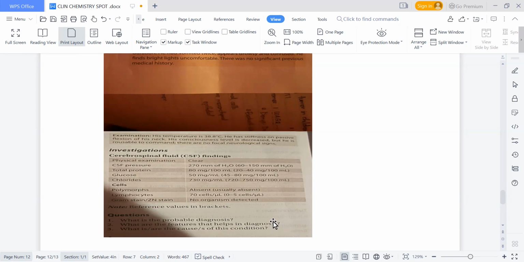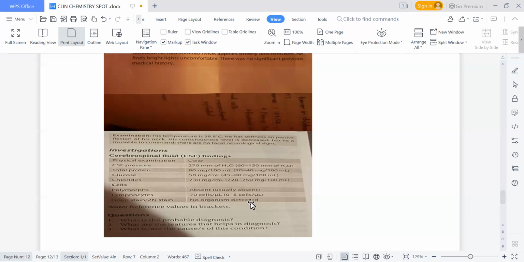The easiest way to figure out the probable diagnosis is to look at the cells. On the Ziehl-Neelsen staining, no organism was detected, which rules out acid-fast bacilli. If there are no polymorphs present, that rules out bacterial meningitis.